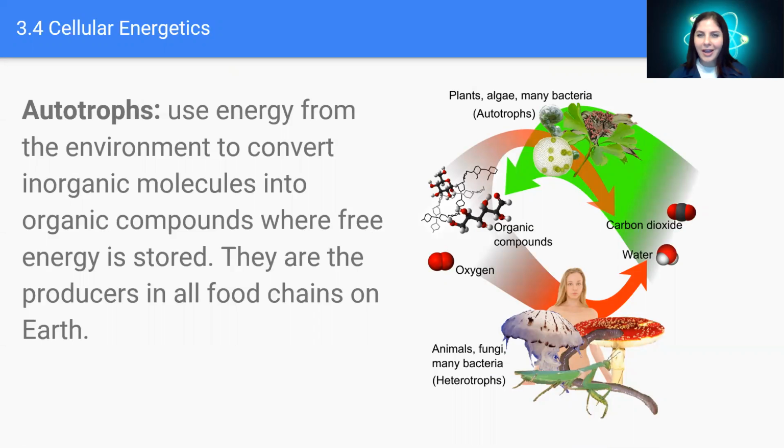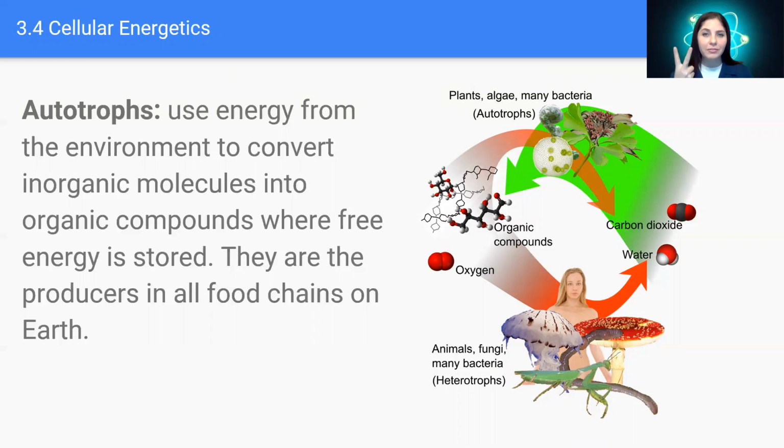So we have some vocabulary that you should be familiar with from ecology. First of all, autotrophs. Autotrophs use energy from the environment to convert inorganic molecules into organic compounds, where free energy is stored. And they are the producers in all food chains on Earth.